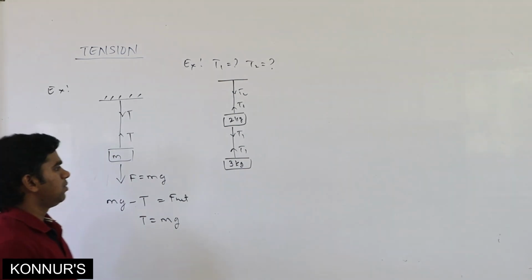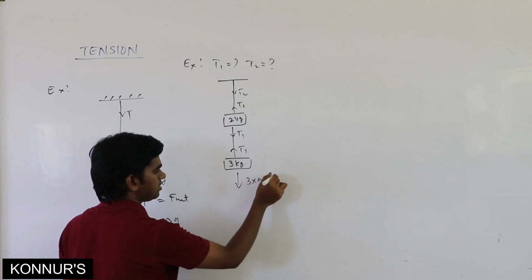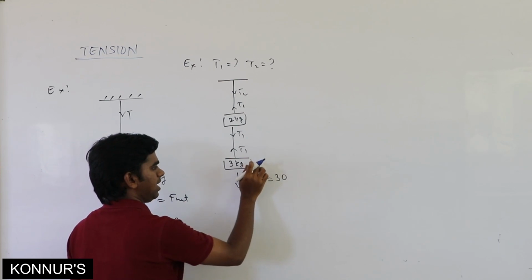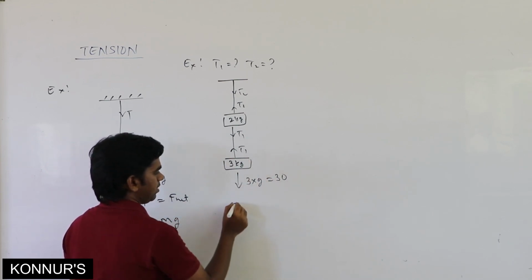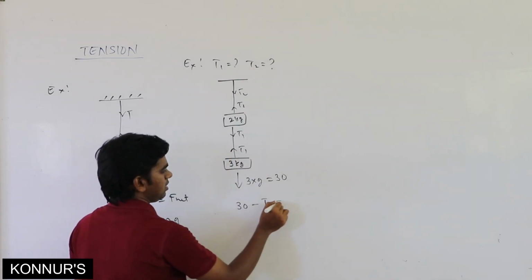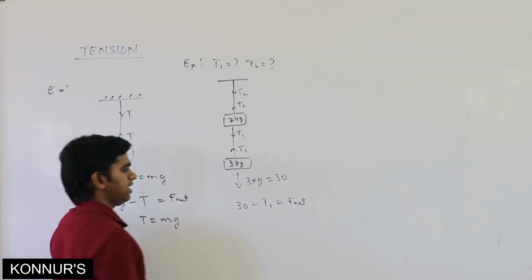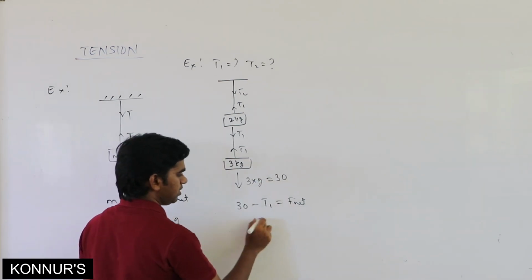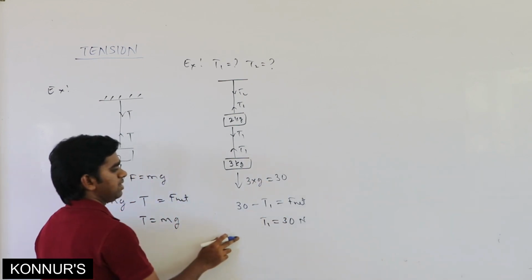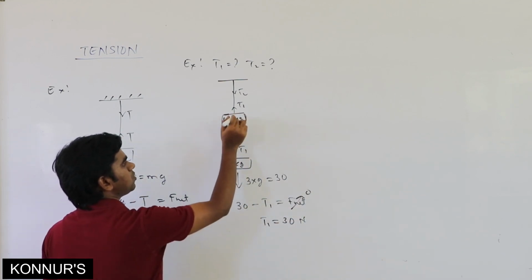What is the downward force here? Downward force is 3 into g. g I will take as 10, so it will become 30. Net force acting on this is 30 minus T1 equals F net. F net is 0, obviously they are not moving. So T1 equals 30 Newton.